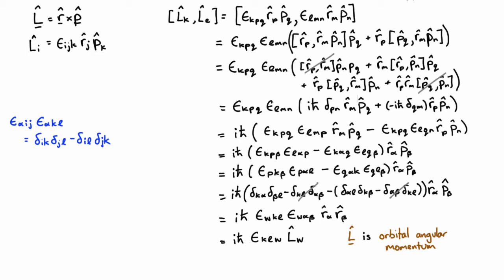So L is the generator of rotations for a particular Hilbert space. It's the generator of rotations for a wave function with a single component. And so, for example, you discussed it when you were looking at a particle in a central potential.